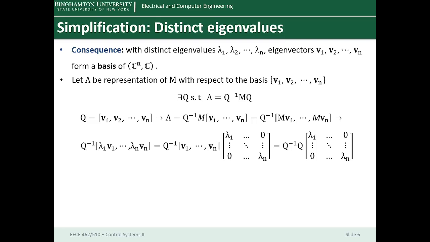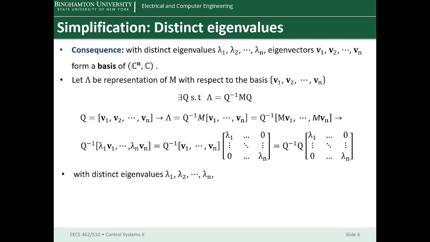We can factor out the eigenvectors again, which means that the transformation Q inverse times M times Q becomes a diagonal matrix whose entries are the eigenvalues lambda 1, lambda 2, and so on along the main diagonal.